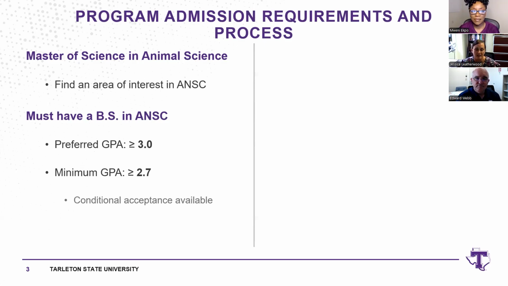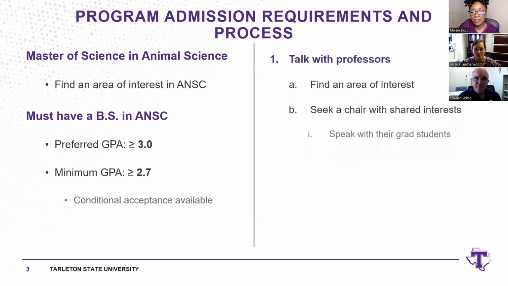You will see that as you look through our group of faculty, there's a wide range and a dynamic group of faculty that have much interest, varying from meat science to equine science, all the way into general physiology and stress physiology as well, that Dr. Webb will bring up at a later point in this presentation.